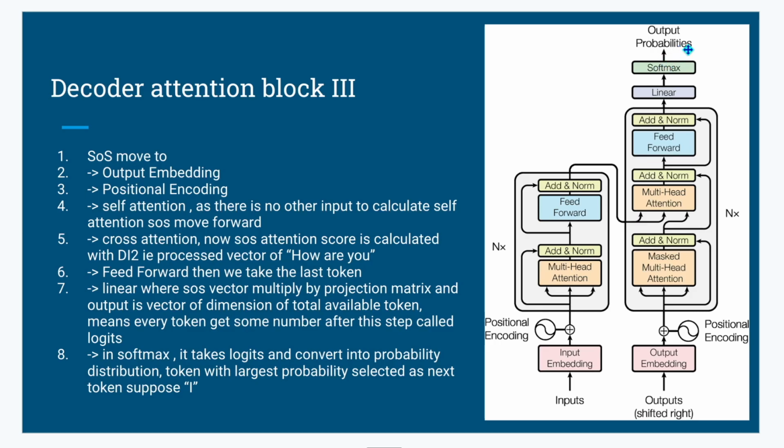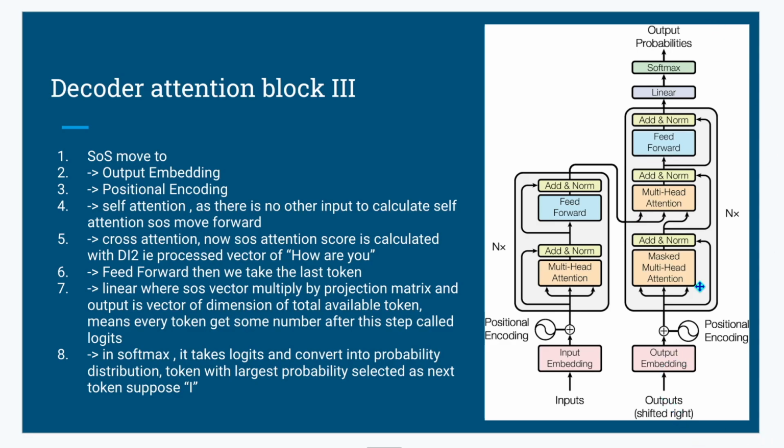On the probability distribution, the token which has the highest number is the next predicted output. So after SOS, suppose it predicts I, because the question is "How are you?" and we suppose the answer is "I am fine." So first I gets predicted. SOS was the input here and the predicted output is I.